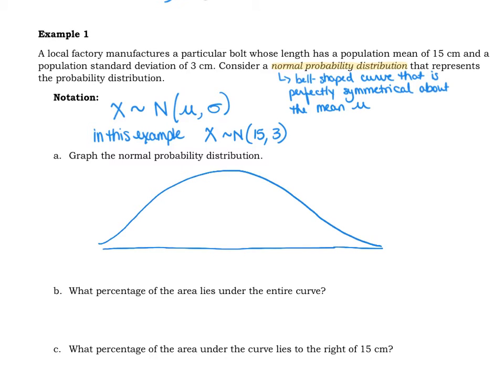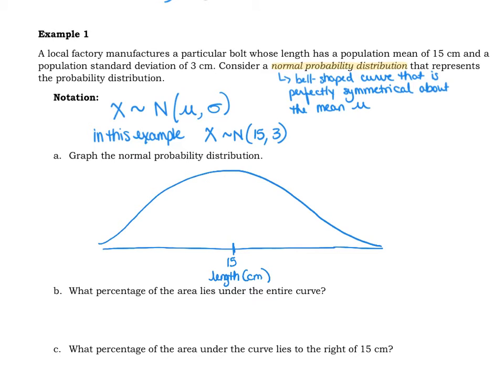It says it is symmetrical about the mean mu, so mu is in the center. That's not precisely the center, but let's assume. That would be where we have that length of 15 centimeters. I'm going to label the axis so we know what that's talking about. And then it says the standard deviation is 3 centimeters.